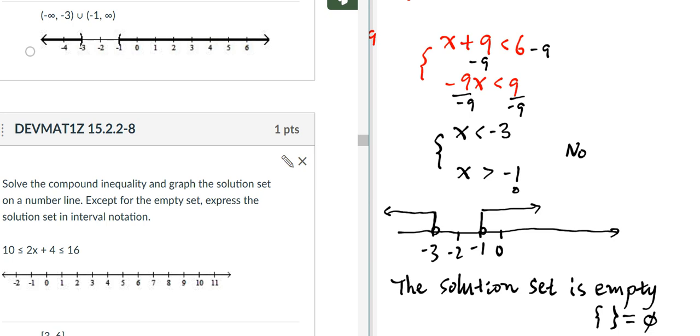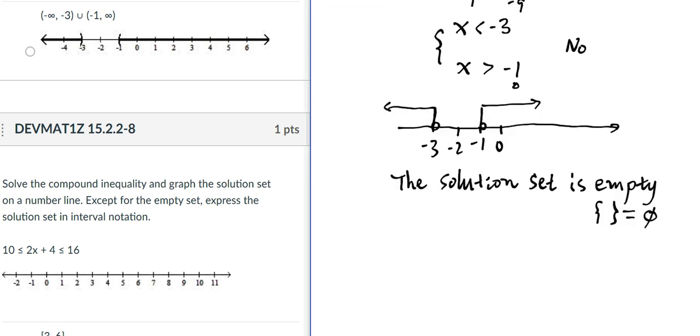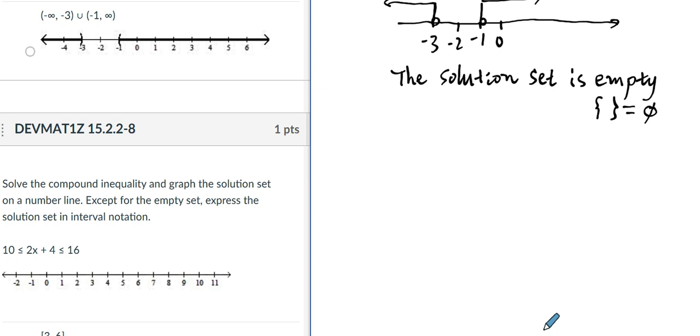Okay, now let's work on this one. That would be our question 10. Let me double check. Yes, it is question 10.